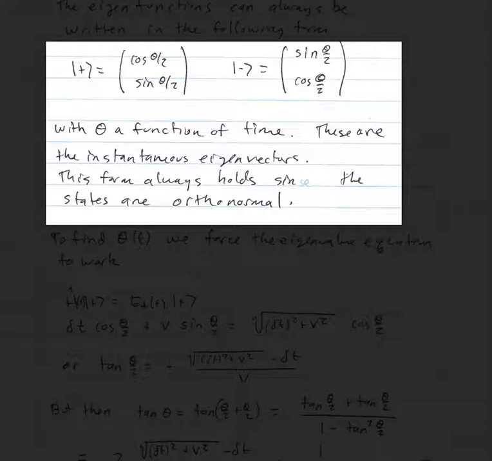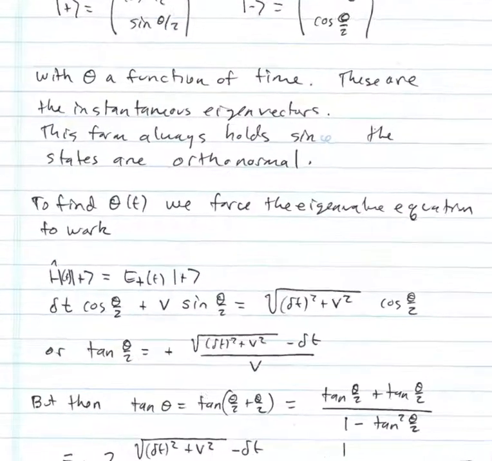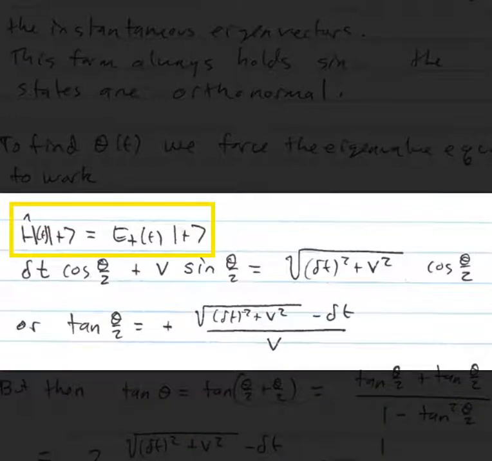And this form that I've written above holds simply because I need to find two orthonormal vectors that are parametrized by a single parameter. Now, in order to solve the problem, we want to find what theta of t is. So we're going to solve for the plus state, and we're going to say H of t acting on the plus state is equal to E plus acting on the plus state.